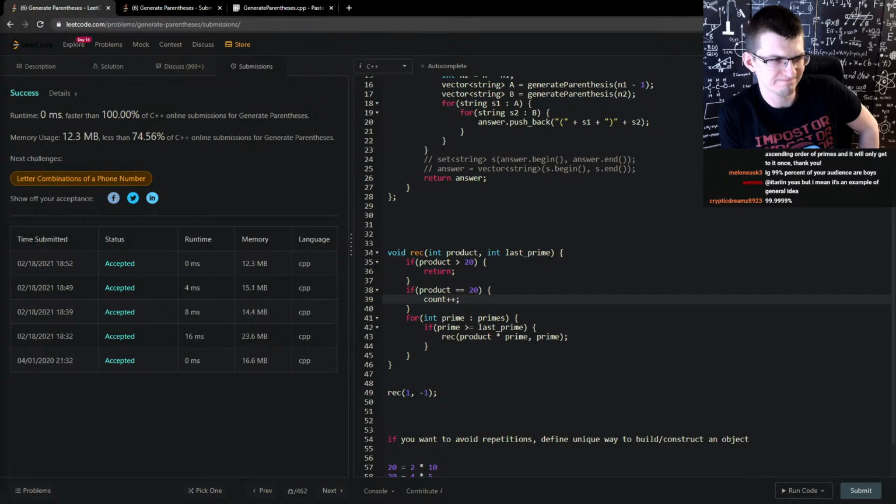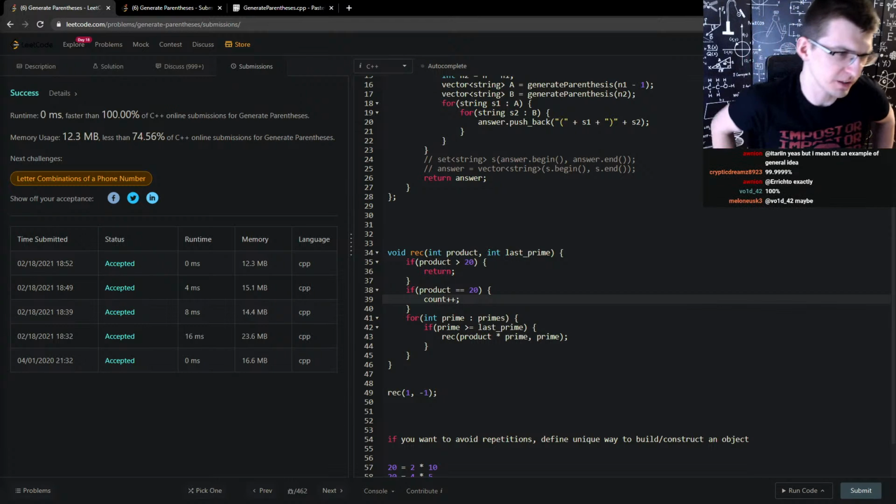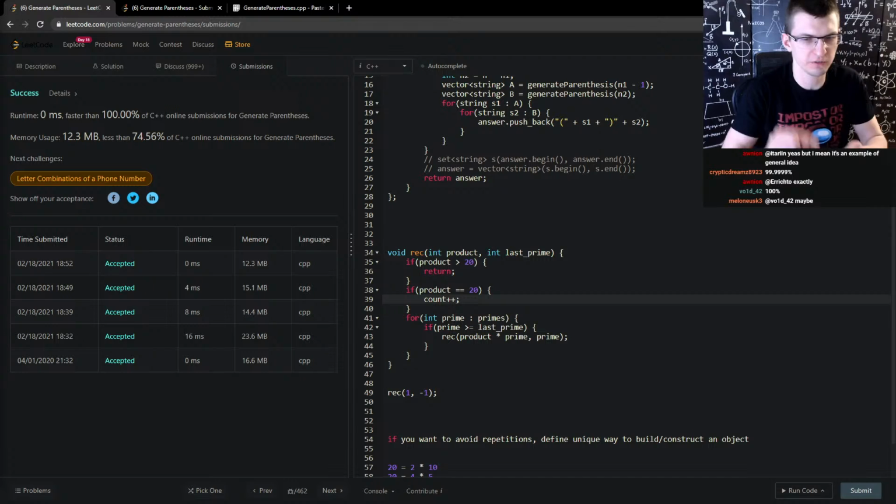Most likely no, I will not. Yeah, I'm going only in ascending order of primes, never allowing from 5 to get back to 2, because then I would double count something.